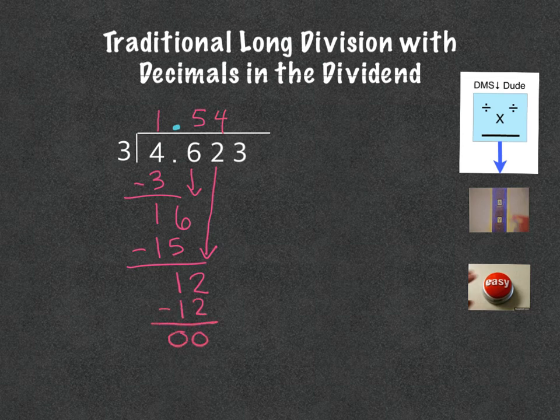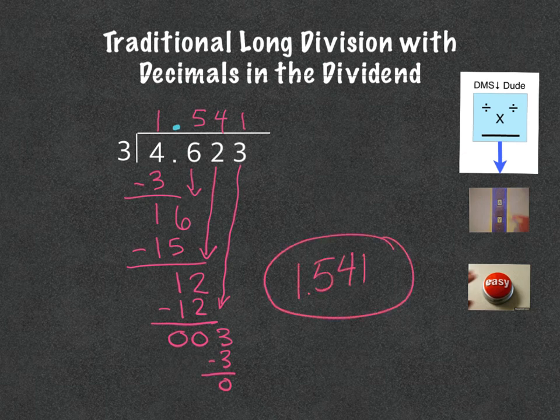Now, don't be fooled. We did get double 0 down here at the bottom, but we are not done. We still need to bring this 3 down. 3 goes into 3 1 time. 3 times 3 is 3. Subtract and we get 0. So our answer is 1.541, or 1 541 thousandths.